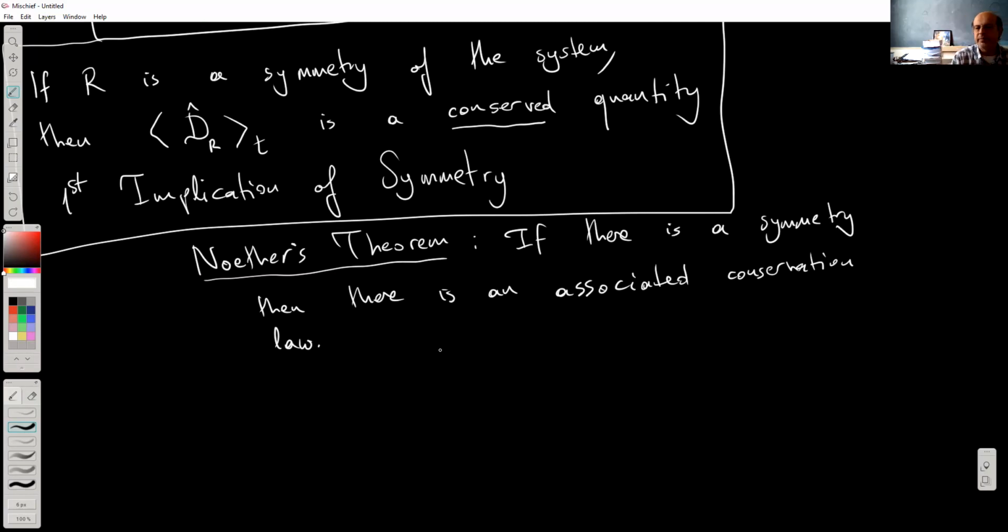The second implication is that, of course, there are these degeneracies of the energy levels. I'm going to talk about this, but not right now. So I'm just going to leave the domain of quantum mechanics at this point and look at the classical problems.